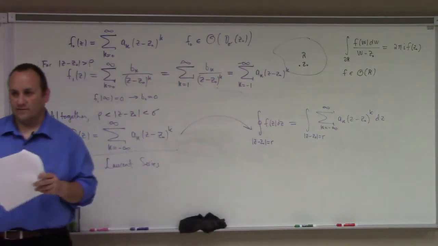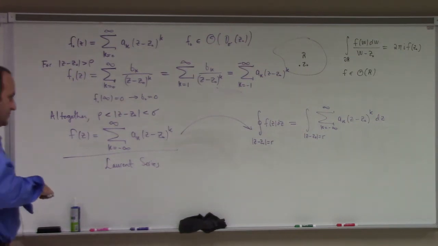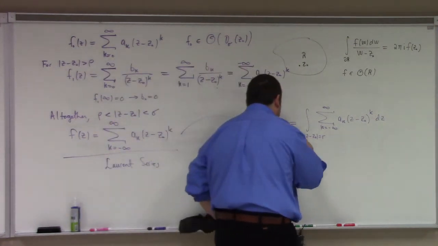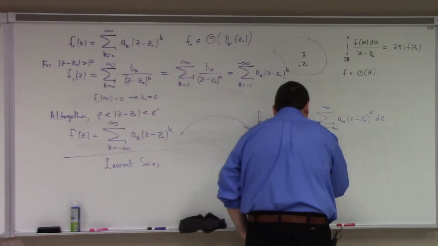Then, good news, these are uniformly convergent series of holomorphic functions, and as such, I am well within my rights to exchange the order of integration and summation and do integration term by term, which is ever so lovely, because then we just get back to that basic integral we did back in the day, right, of just the power function.